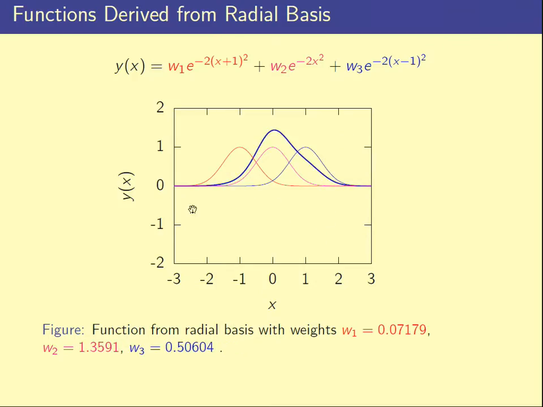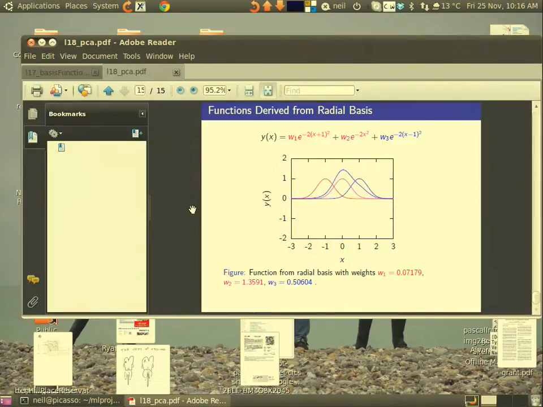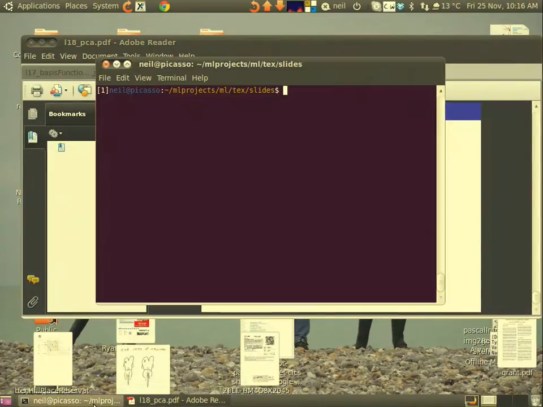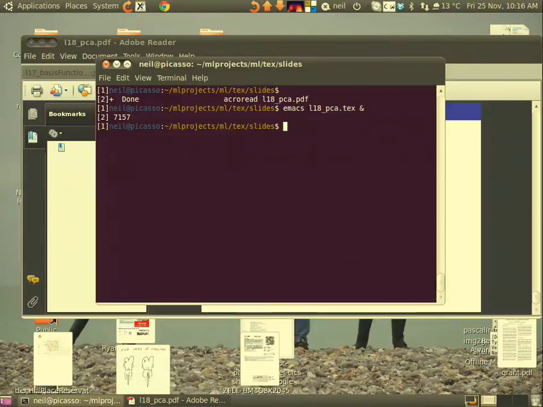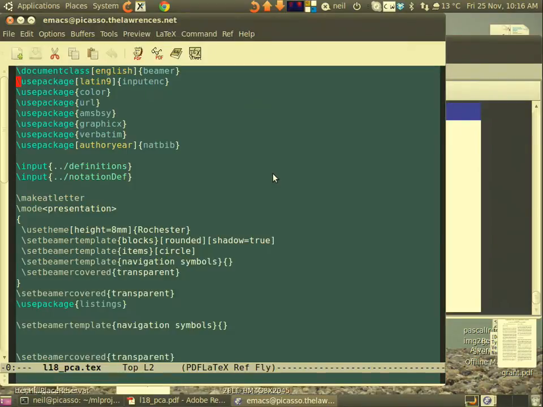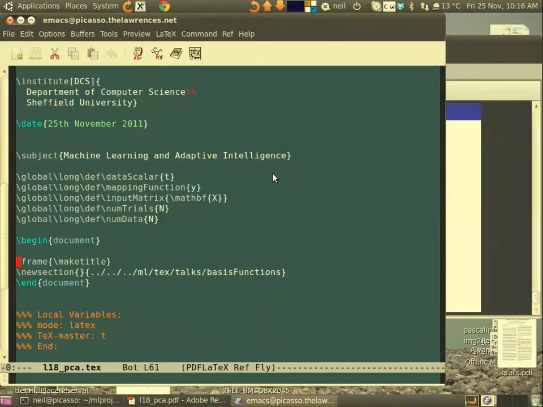Where's the PCA? Was that L18? One second. We seem to have a technical error. Aha.